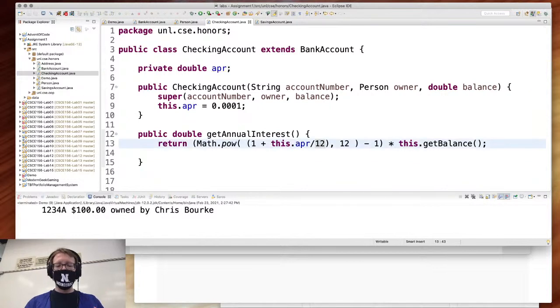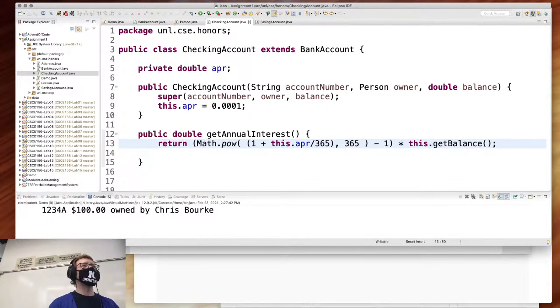So let's go ahead and go with 365 here, and 365. Generally, checking accounts are monthly, and savings accounts are also monthly. Of course, if you turn that around and you have a credit card, guess what? It's daily. You're paying interest to them, so they're going to compound it more because that means that they can get more money out of you on interest.